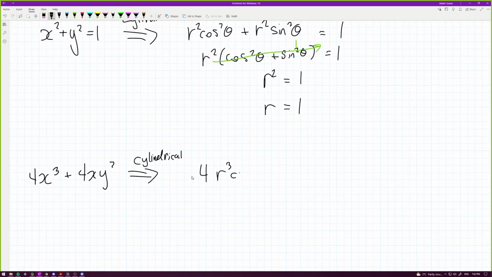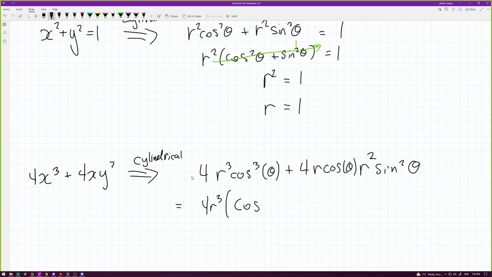4r cubed cos cubed theta plus 4r cos theta plus, it's not plus, sorry, r squared sine squared theta. Okay, let's simplify it a little bit. I'm going to factor a 4r cubed out from both.